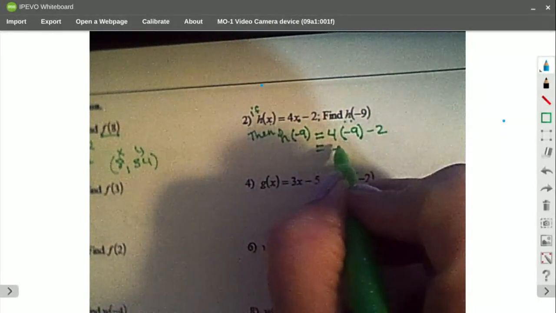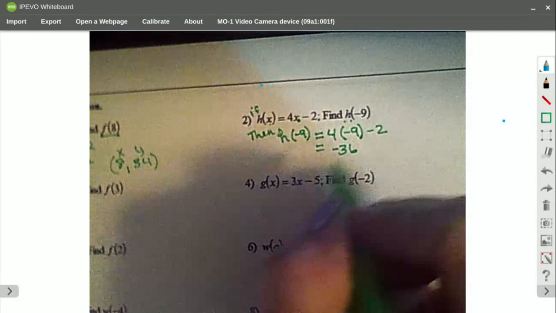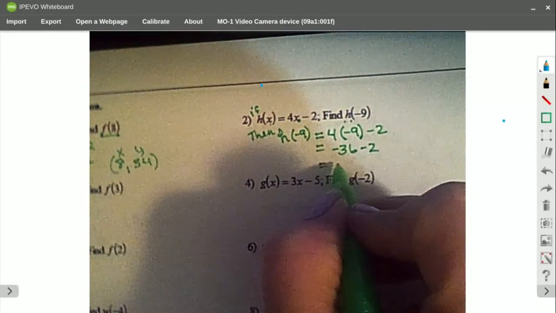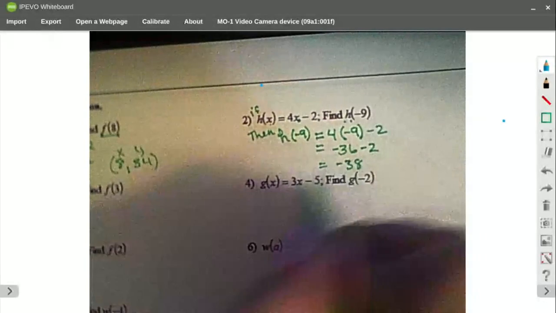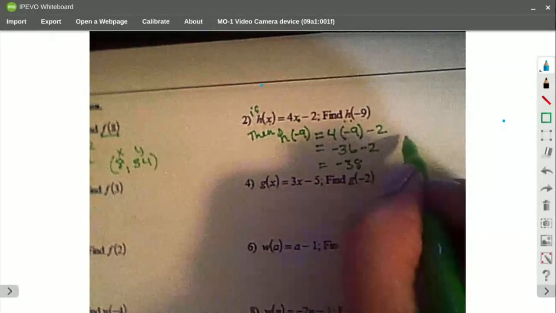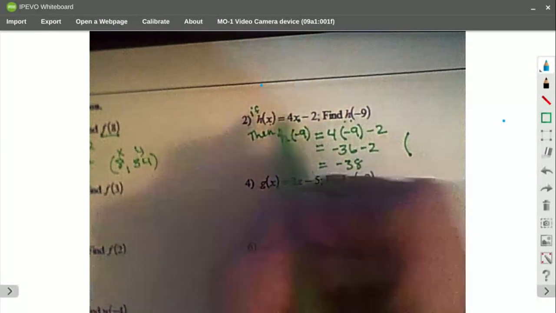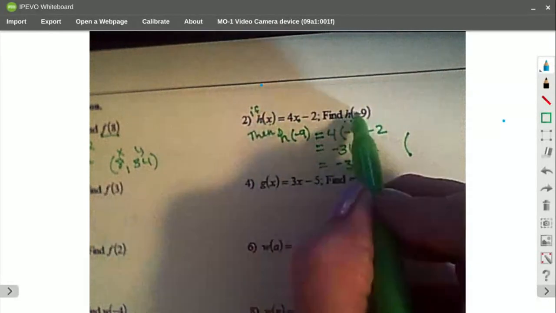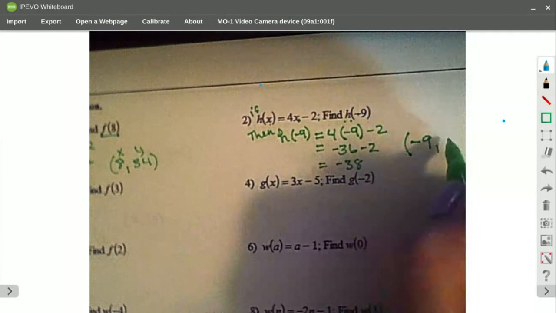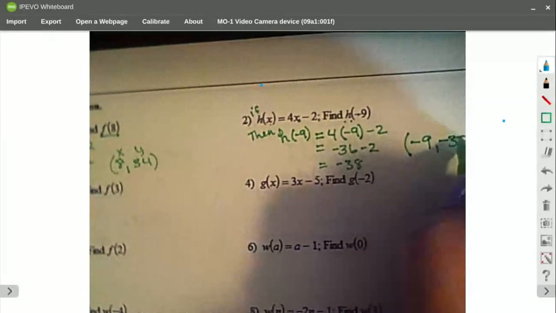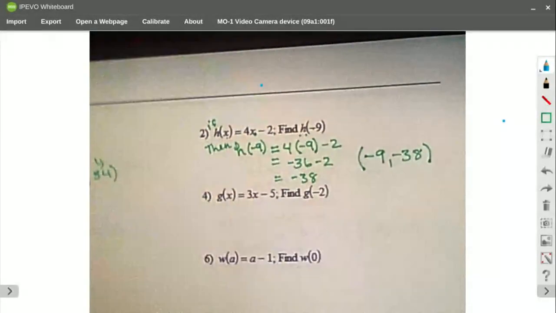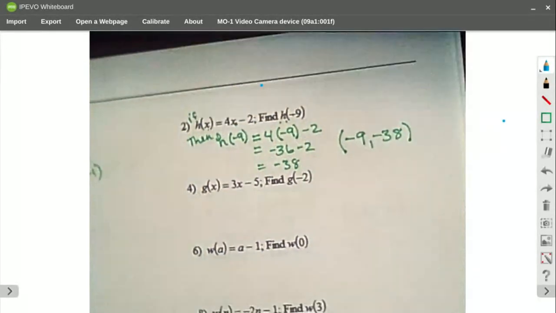So that gives me -36 minus 2, which gives me -38, right? So coordinate, my first x is that -9. And my y came out to -38. That is my coordinate point I get from this function.